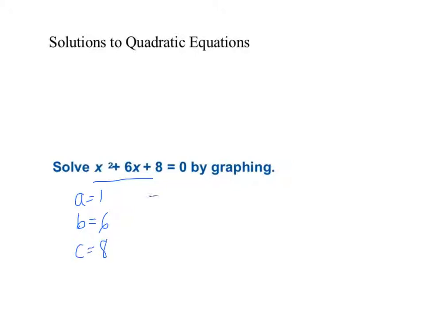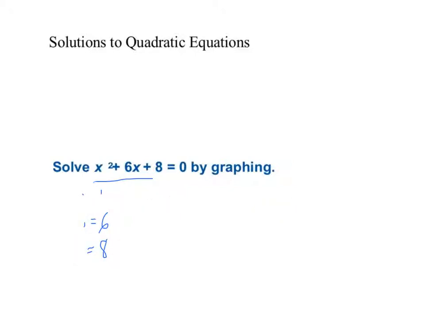And so we have negative B over 2A, so the first coordinate is negative 3, right? As long as we have 2 points, the vertex and the y-intercept, we can approximate a solution. But that gives us the vertex. That doesn't actually give us what we need to solve it by graphing. So finding the vertex doesn't solve it. We need to find the roots.